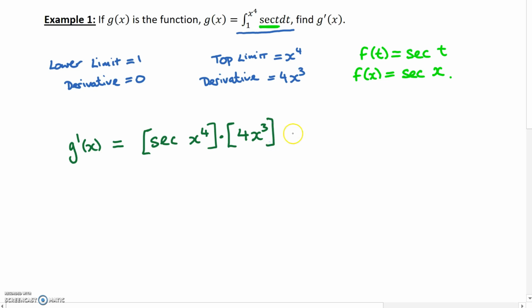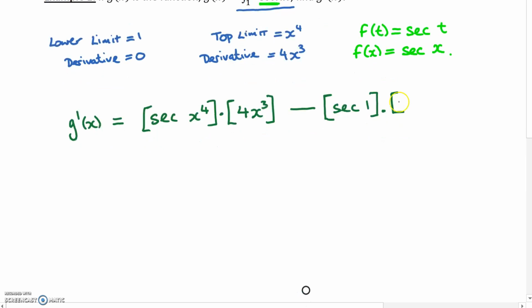Then we subtract. What we subtract: we plug the lower limit into f of x, so it's f of 1, which is secant 1. We multiply that by the derivative of the lower limit, but the derivative of the lower limit in this case is 0.